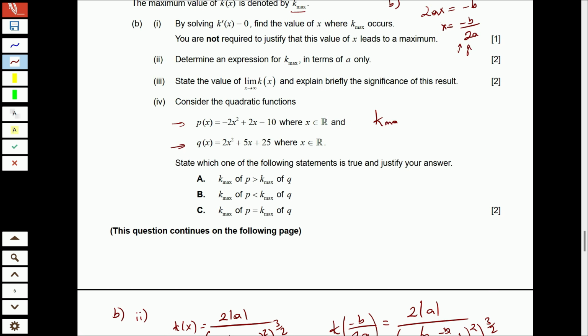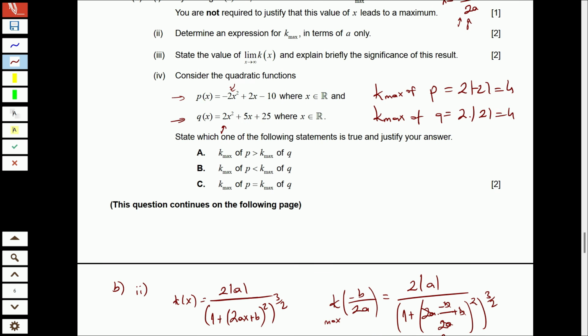Here a is the leading coefficient. For p it is -2, so k-max of p will give us 4. K-max of q is 2 times the leading coefficient of q, which is 2. It will give us also 4, meaning these are equal, right?